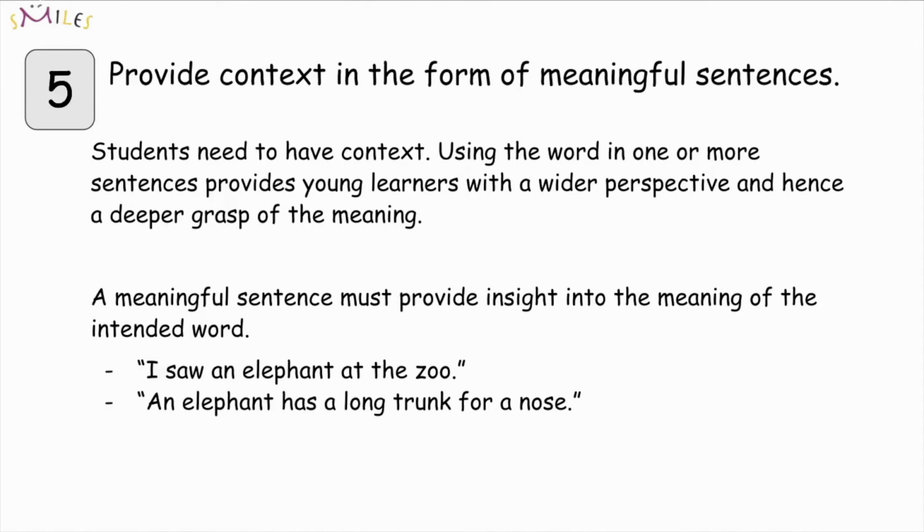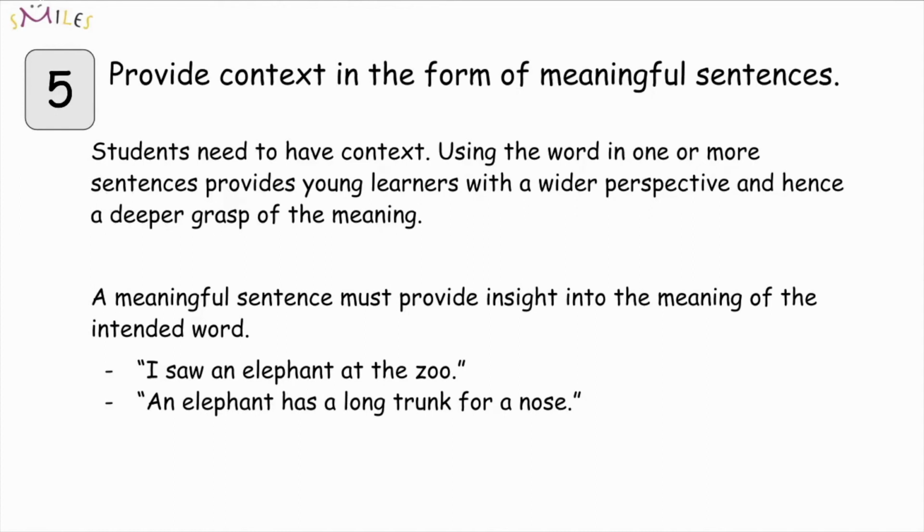Point 5. Provide context in the form of meaningful sentences. Using a word in one or more sentences provides young learners with a wider perspective and therefore a deeper grasp of the meaning. A meaningful sentence should provide insight into the meaning of the intended word.